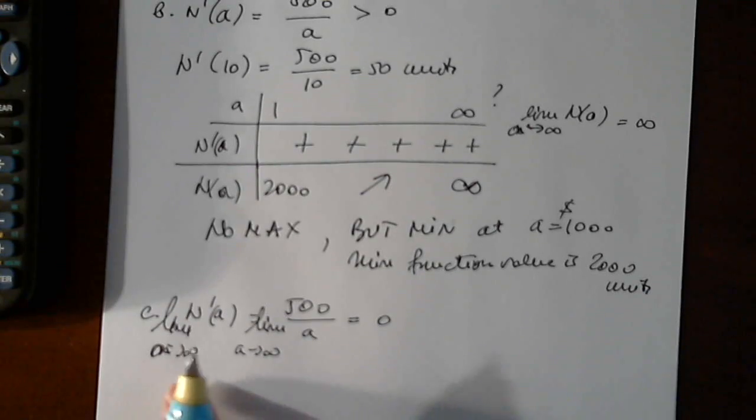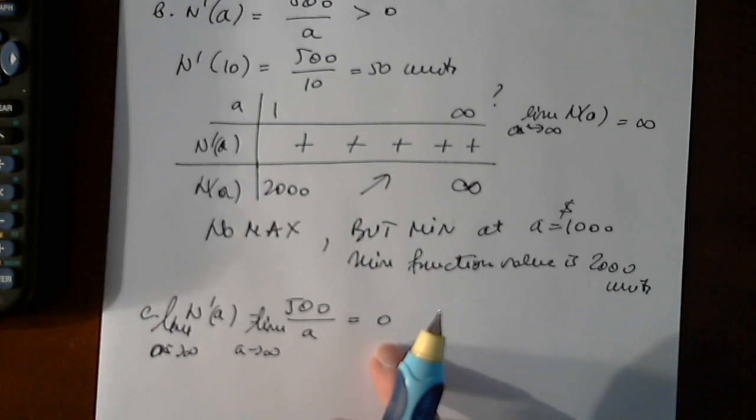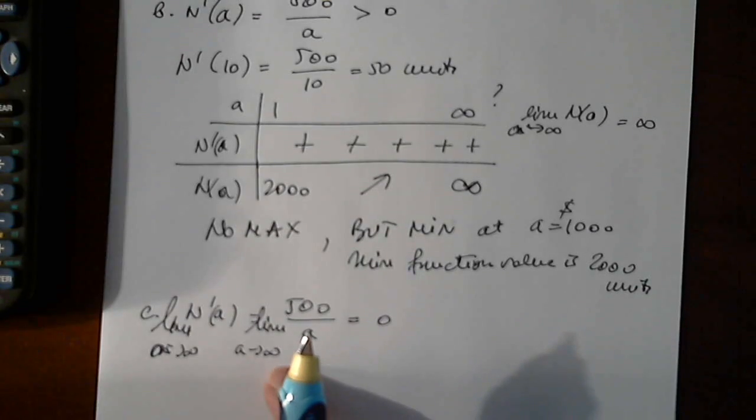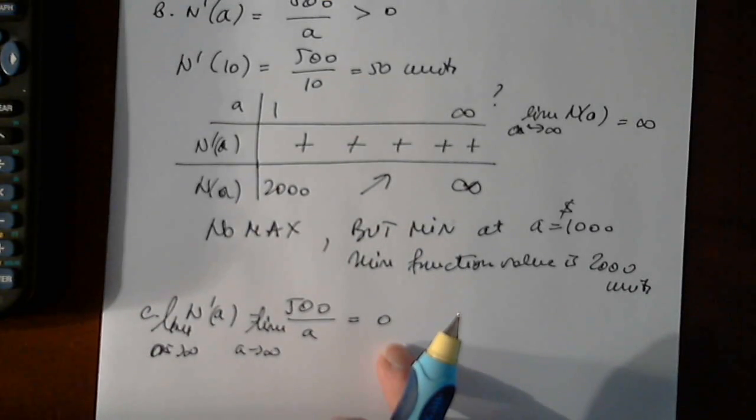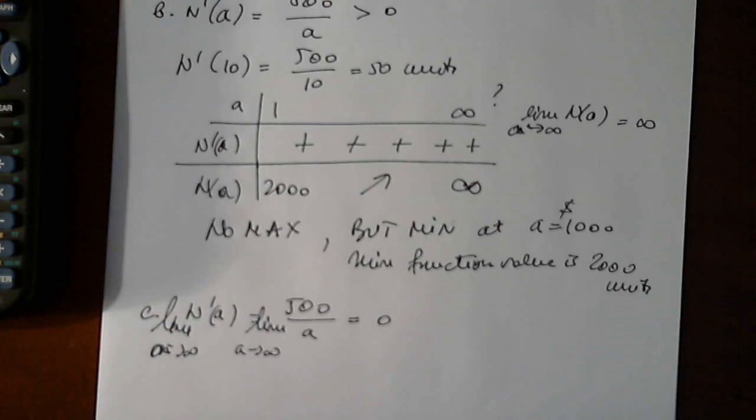But at infinity, the rate of change of this function is 0. The more money we spend on advertising after a certain amount, as a increases without bound, it will not make any difference.